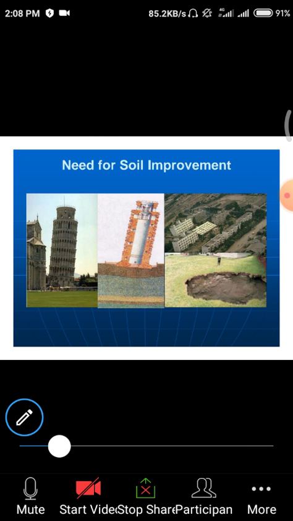The properties of densification mainly depend upon the soil structure and the soil strata, and another is the surrounding atmospheric conditions, and the topography of the particular area also affects densification. In a particular structure where ground improvement techniques are not applied, the entire structure will bend in a single direction.